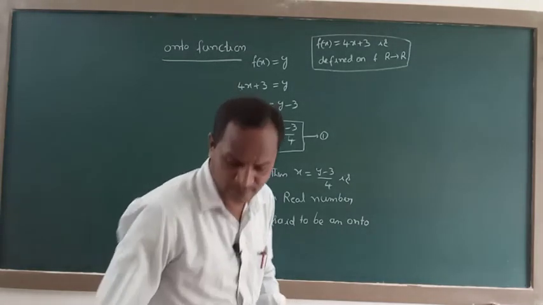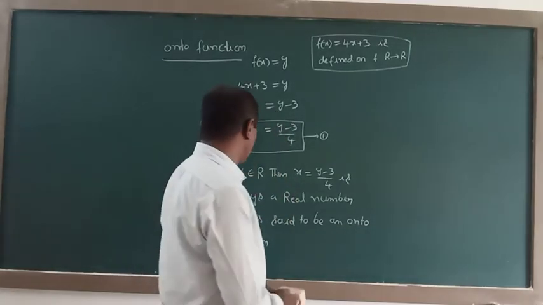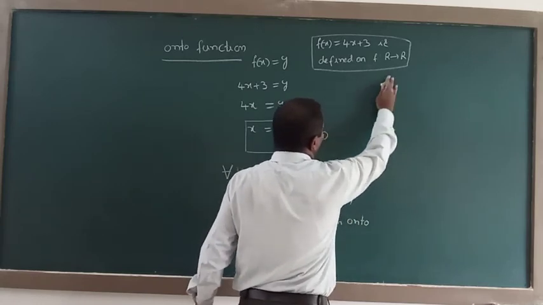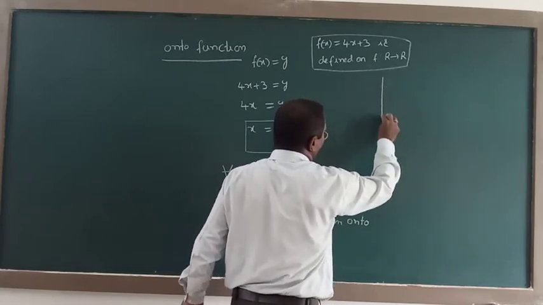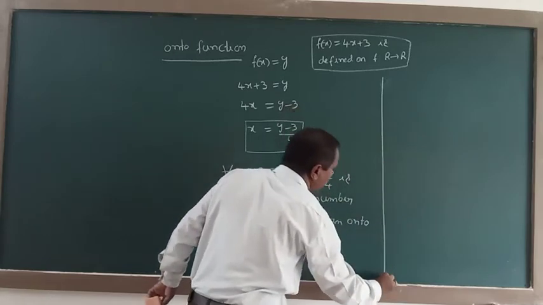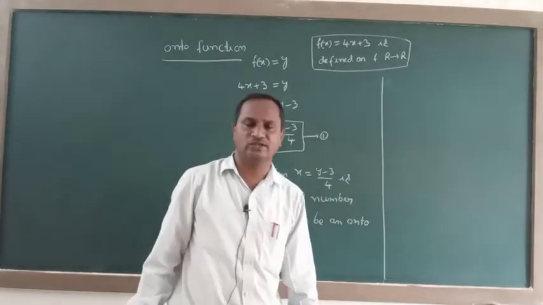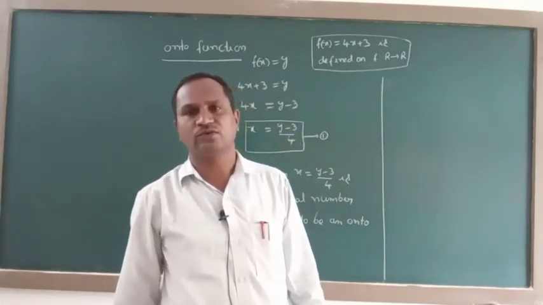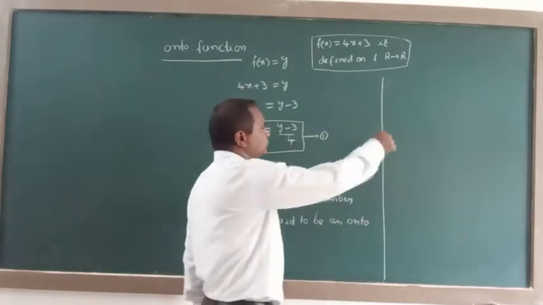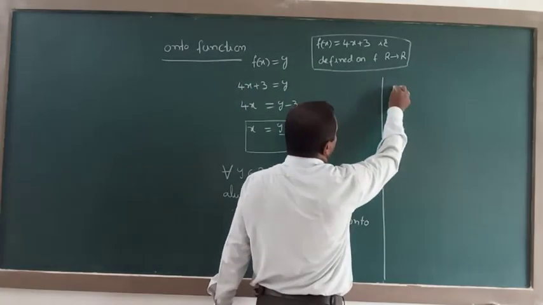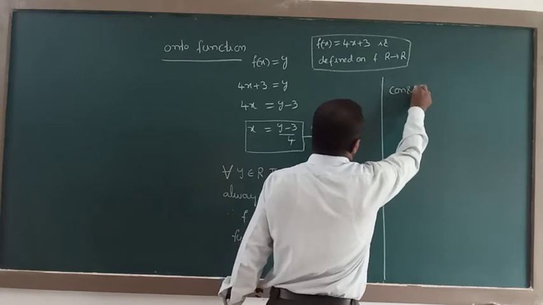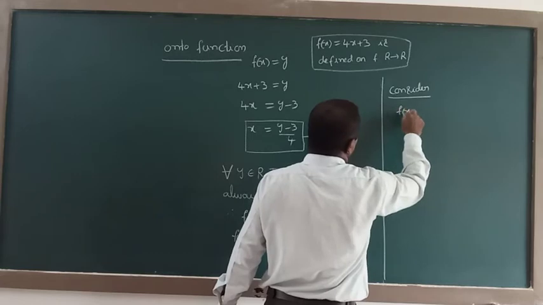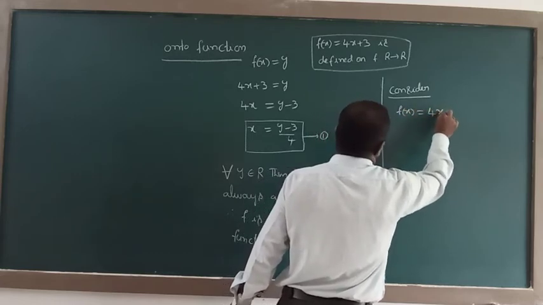Therefore f is said to be both, here you should write. After completion of the onto function, already I told any function forms an onto function means for that we have to give verification. I'll show the verification now. See here, consider f of x equal to 4x plus 3.